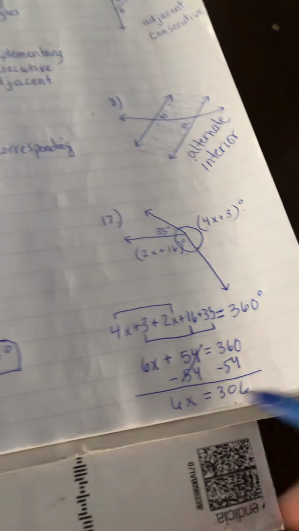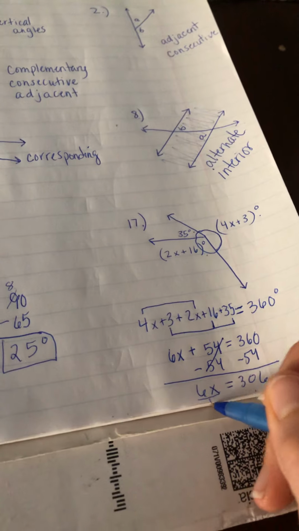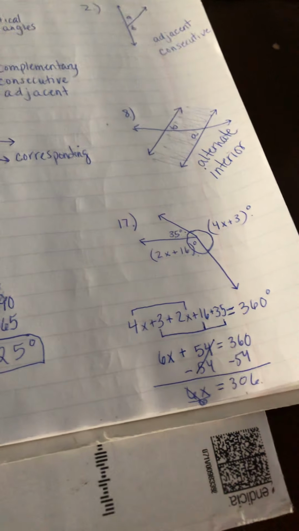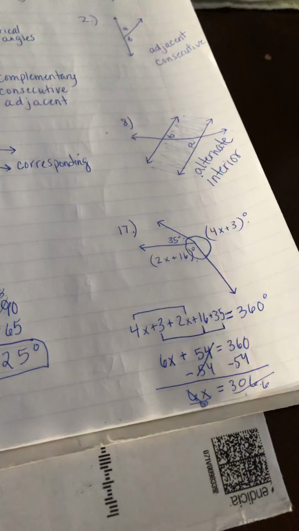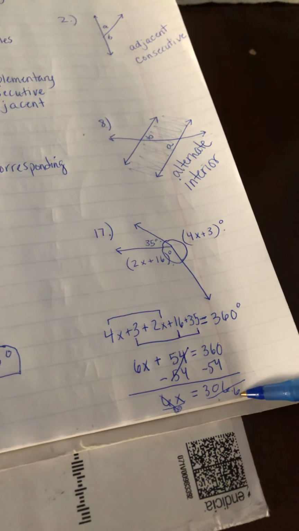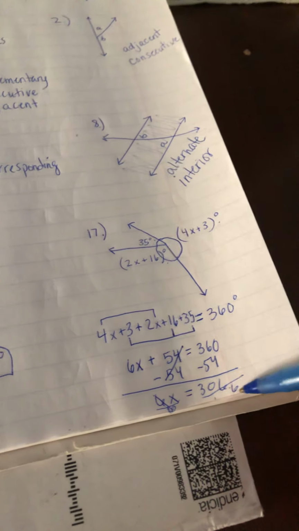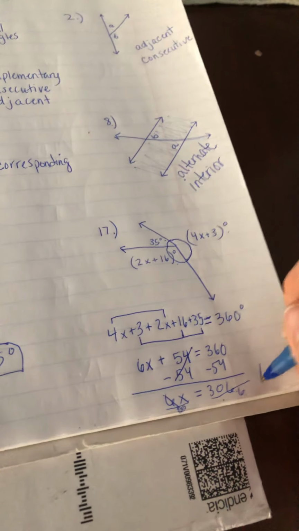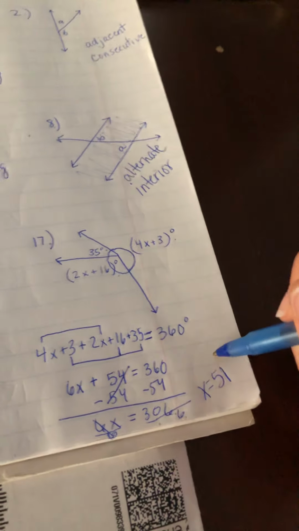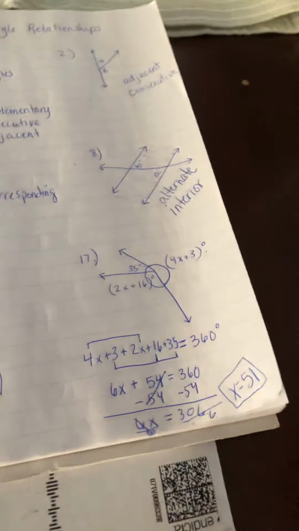How do I undo times? By dividing. I did not leave myself a lot of room. I'm going to divide by 6, divide by 6. 6 goes into 30 5 times. 6 goes into 6 once. So we're going to have x equals 51. Okay, you can put the degrees. I'm not going to be super picky.